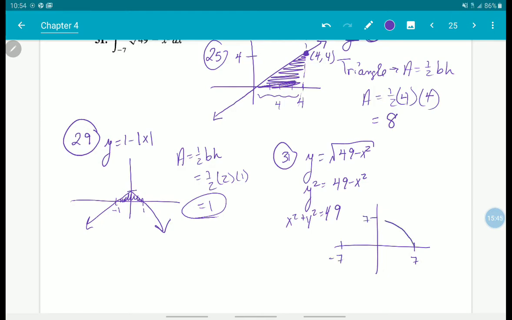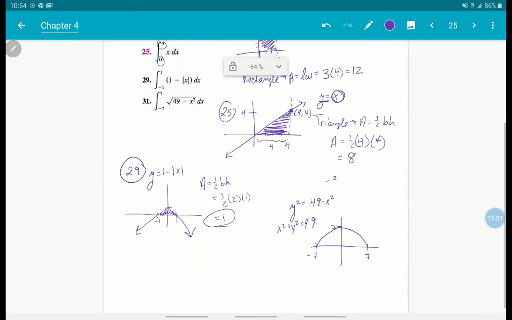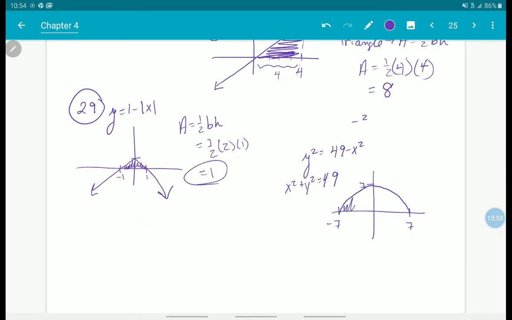So our graph looks like this. And since we are integrating from negative 7 to 7, we are looking at the entire half of the circle. Area of a circle is pi r squared, and we are looking at 1/2 of that, since it's just the top half of the circle.